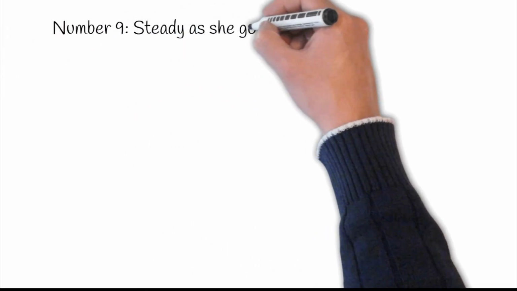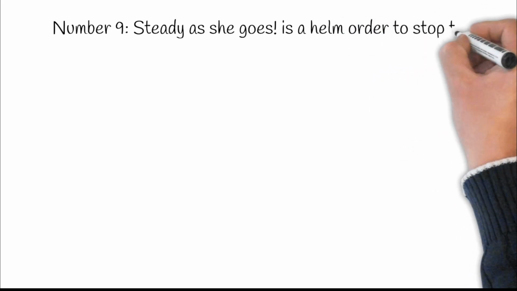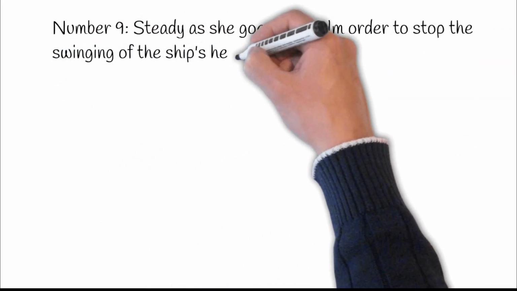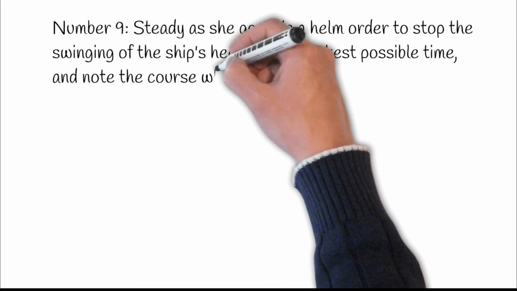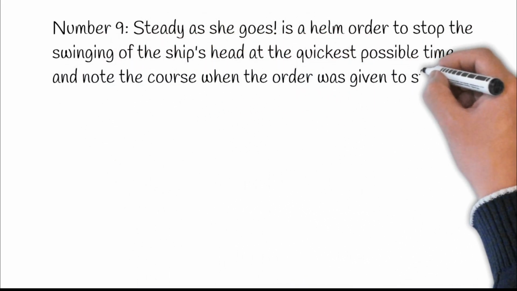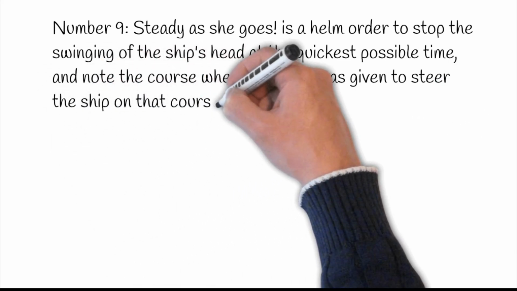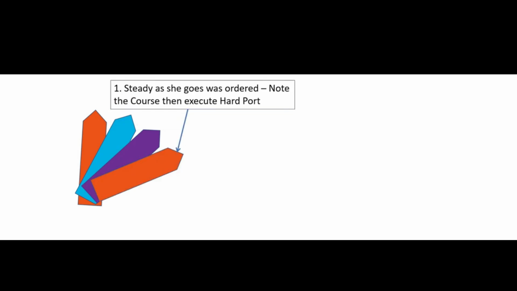Number 9. Steady as she goes is a helm order to stop the swinging of the ship's head at the quickest possible time and note the course when the order was given to steer the ship on that course. One. Steady as she goes was ordered.